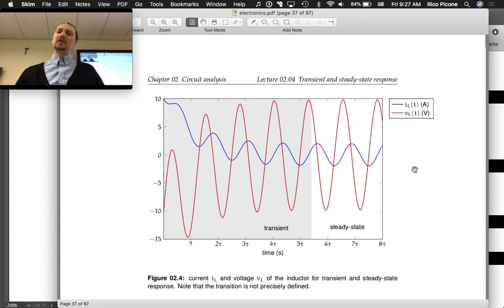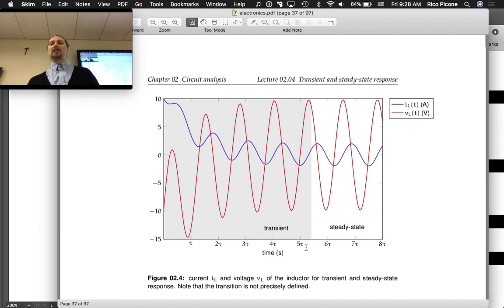And then once you reach a fairly stable situation where you're just repeating the same waveform over and over again, that would be steady state. Of course, an exponential only goes to 0 in the limit, so it's more of a qualitative difference than a quantitative difference.